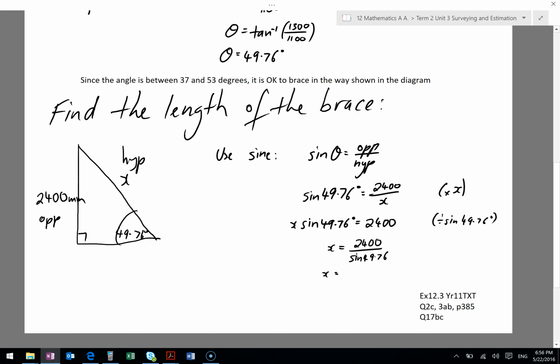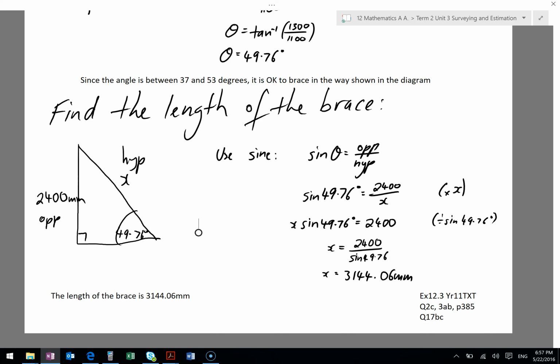And then it's just calculator time to find the length of the brace. I should end up with 3144.06 millimeters. And I'd write some statement: the length of the brace is 3144.06 millimeters. So that's the good scenario.